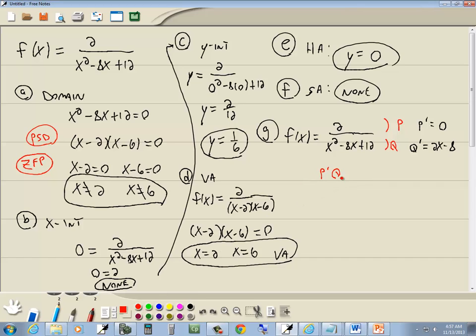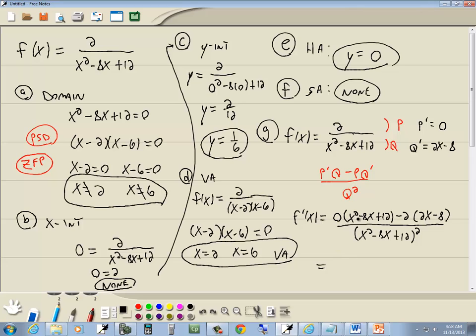So we've got p prime q minus p q prime over q squared. Now we're ready to plug into our formula. So f prime is equal to p prime, which is 0, times q, which is x squared minus 8x plus 12, minus p, so minus 2 times q prime, which is 2x minus 8, all over q squared, which would be x squared minus 8x plus 12 squared.